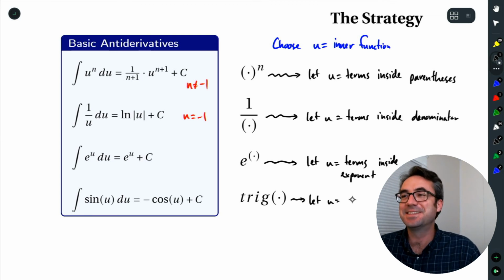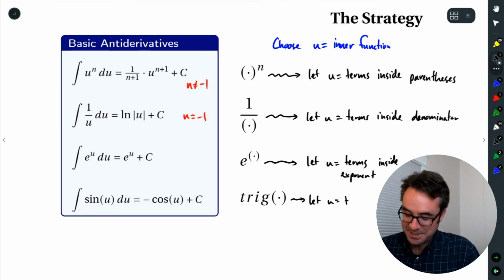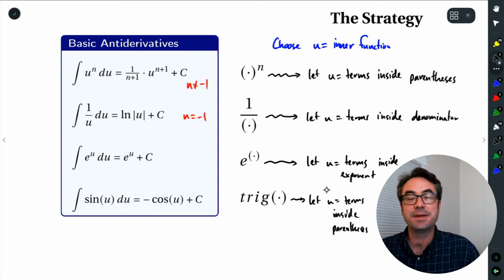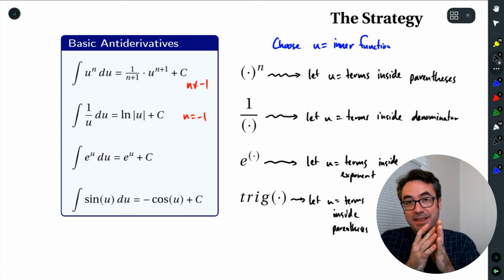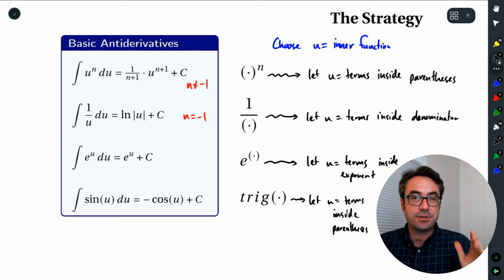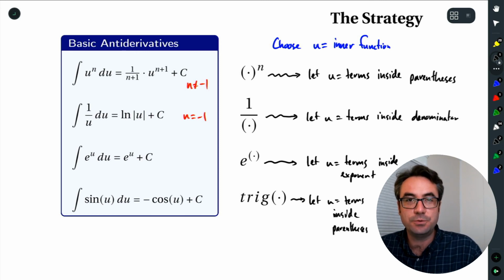Terms inside the exponent, terms inside the parentheses. So the tell, a lot of the time, not always, but a lot of the time, is if you see parentheses and then some complicated terms inside those parentheses, generally that's how we're choosing u. We're letting u equal that inner function.